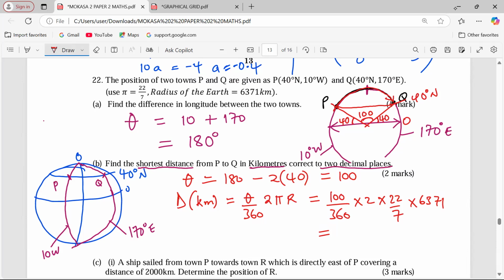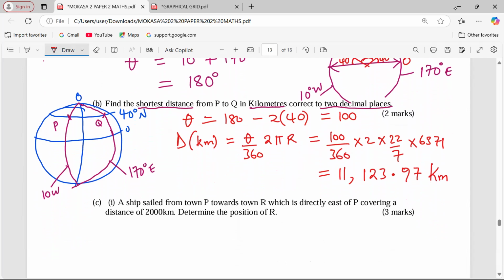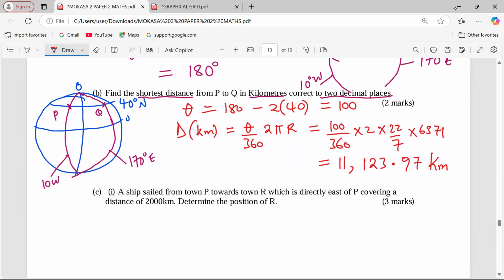This gives us 11,123.97 kilometers. It is along the shortest route, and the distance is expressed to 2 decimal places. Very simple.